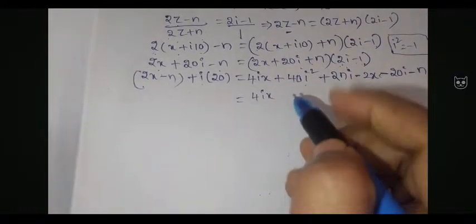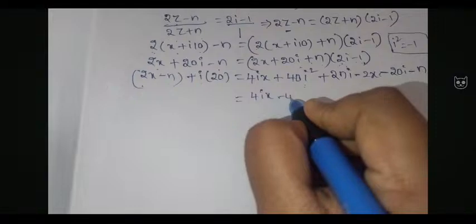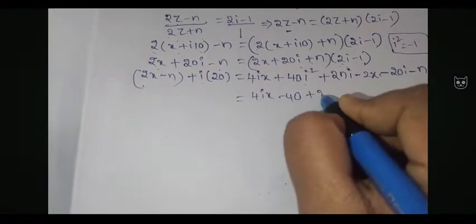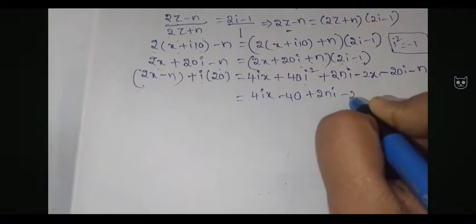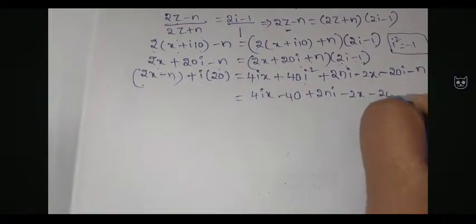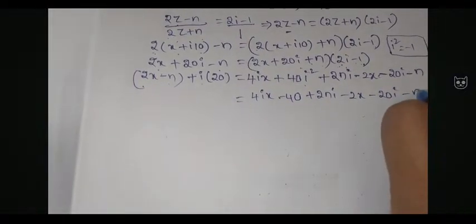So minus 1 into 40, minus 40, plus 2ni, minus 2x, minus 20i and minus n.